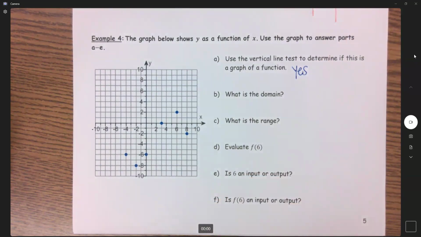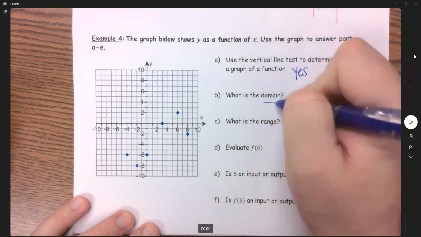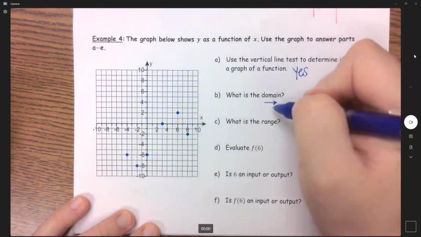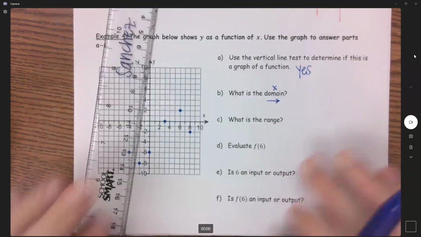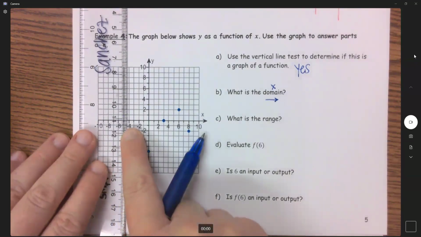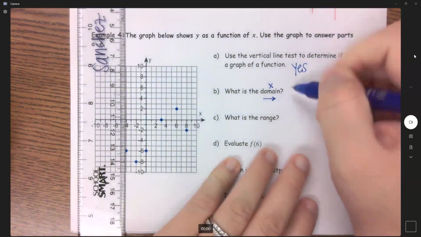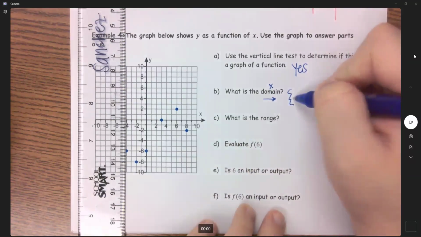So now, what is the domain? Your domain are your X values. So here, we're going to go from the left to the right, and we are talking about our X values. Starting at this one here, I have an X value at -4. So I'm going to do my squiggly brackets, -4.